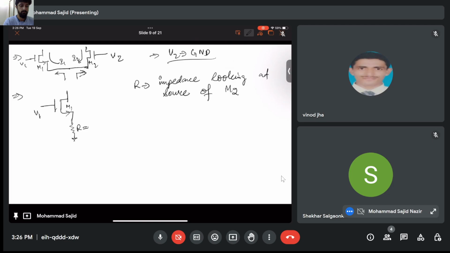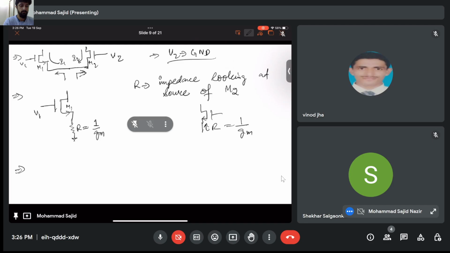So you know that if you look at source of M2, source of any transistor, you will get a resistance of 1 by GM, right? So let's call it as 1 by GM. Let's say that transistors are identical, so their GM will be equivalent.